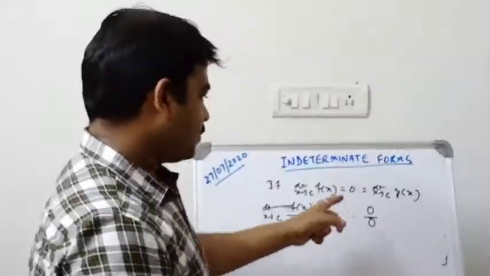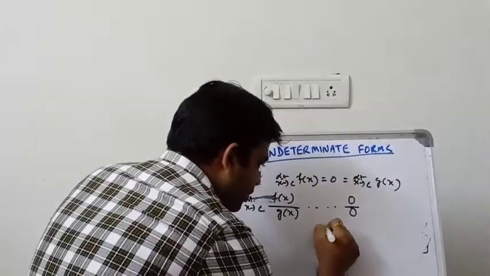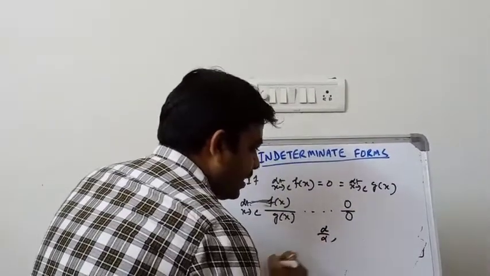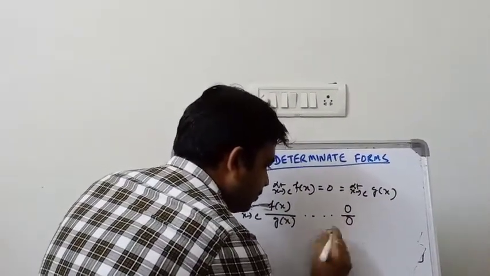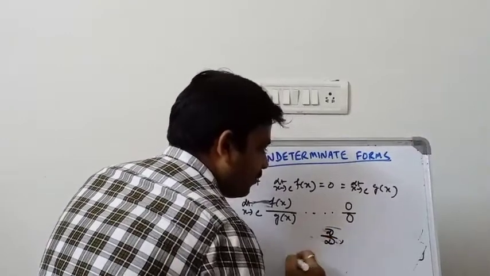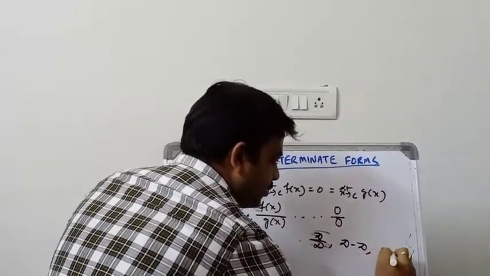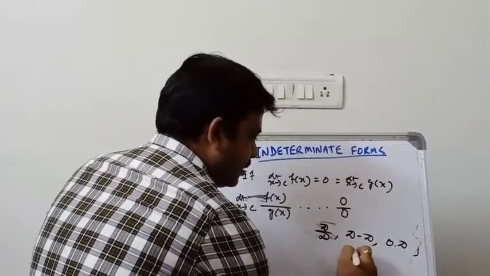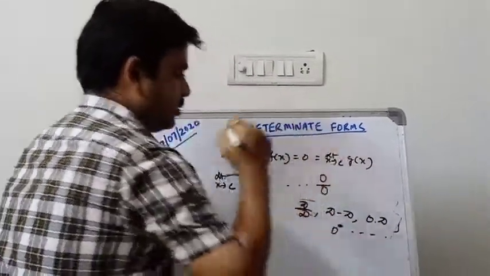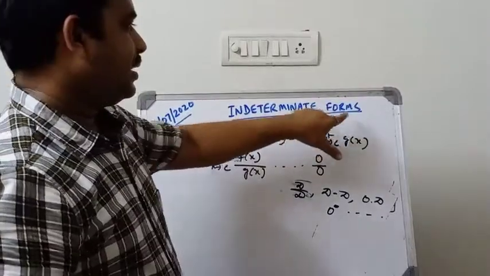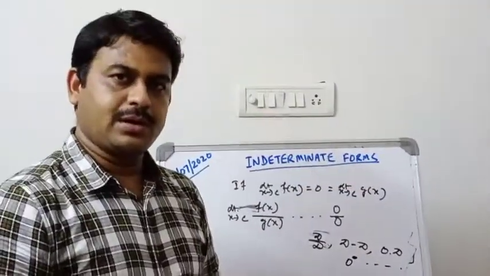There are many types of forms like this 0 by 0. There are infinity by infinity form, infinity minus infinity form, 0 into infinity form, 0 to the power 0, etc. These are all indeterminate forms. Okay.